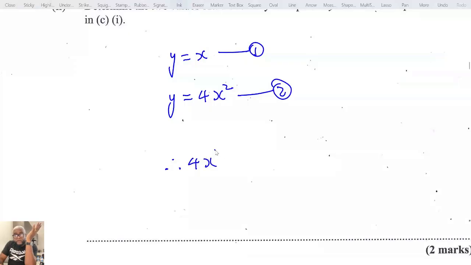Therefore, 4x squared, the larger term, is equal to x. What I can do is bring the x here. This is plus x. It becomes minus x when we move it to the left. So 4x squared minus x is equal to, if I move x on the right, what remains there? 0.